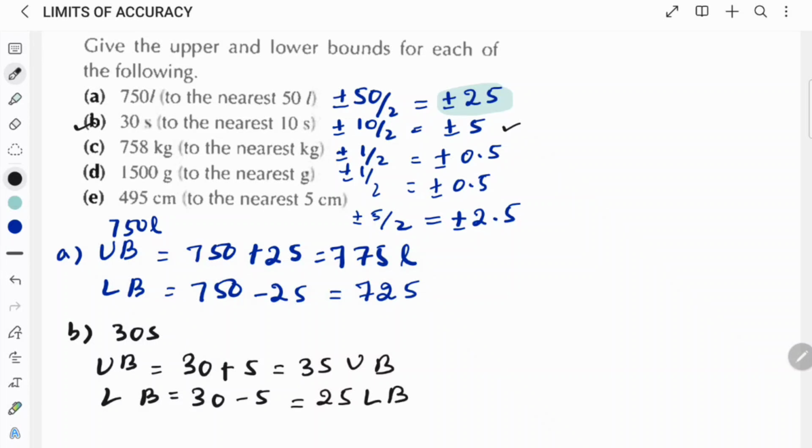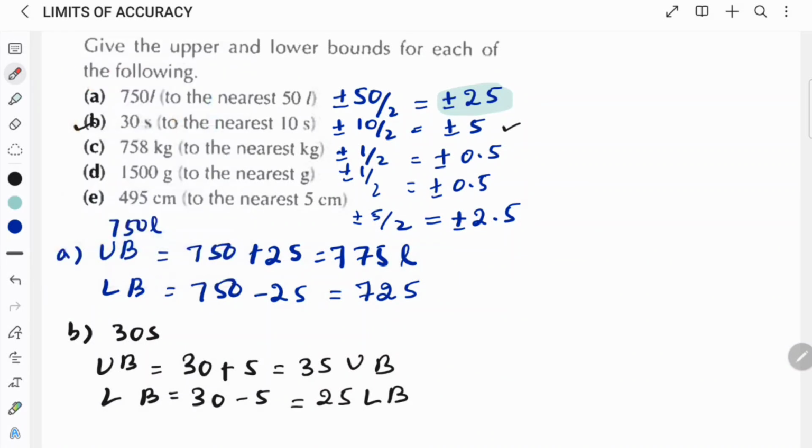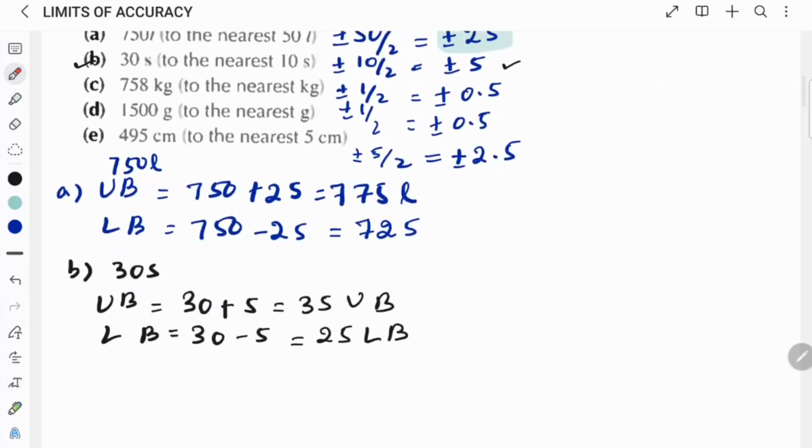Now part C. In part C we are getting 758 kg to the nearest kg. We know that we have to add and subtract 0.5 only.